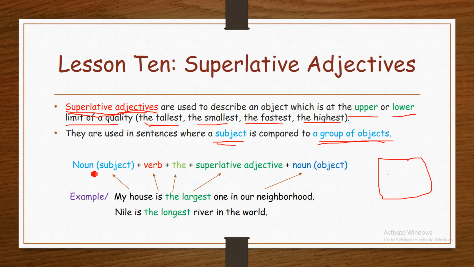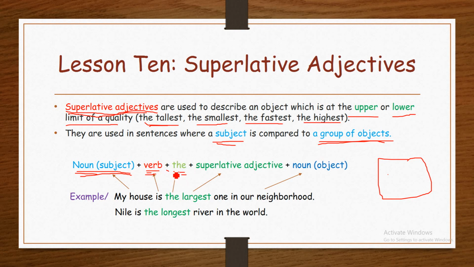The structure of superlative adjectives in a sentence: noun, the subject, verb, verb to be, plus the. In comparative adjectives, we said we always use than to compare two objects.